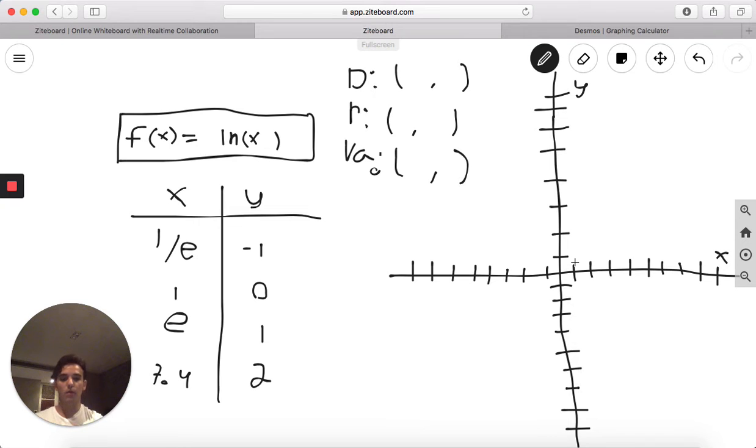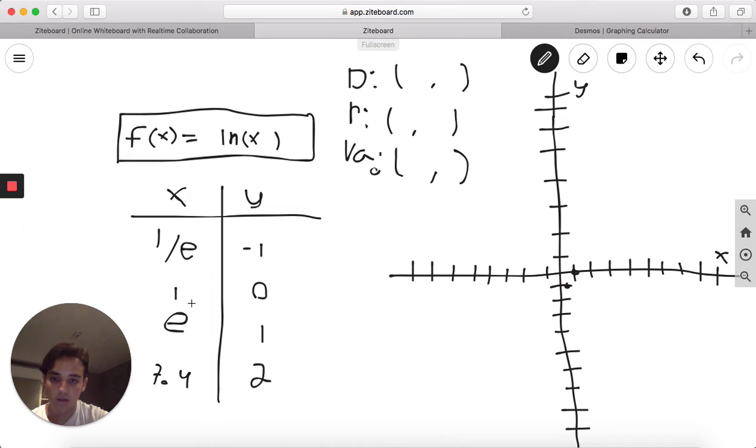Okay, now we're going to actually begin to graph this, and I just want to show you guys how the ln graph actually looks so that you understand it. So when y equals -1, x is 1 divided by e, which is minimal. So here we have our first point. Then when x equals 1, y will be 0, so we have it right here.